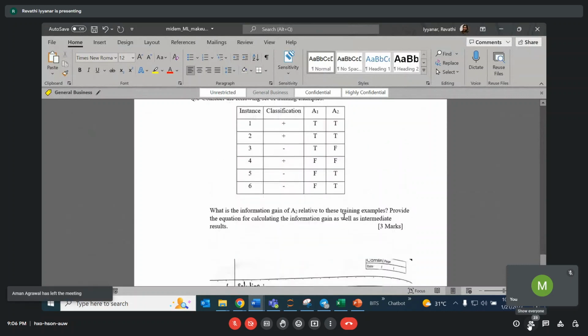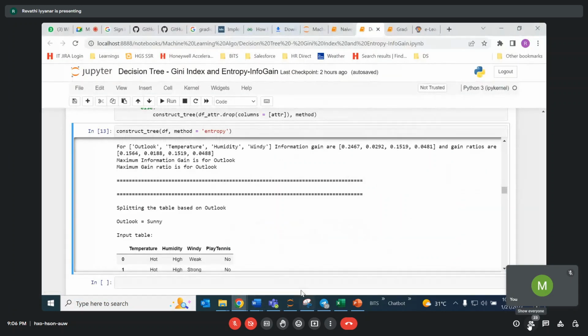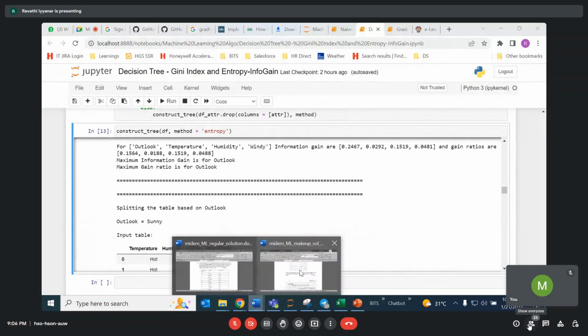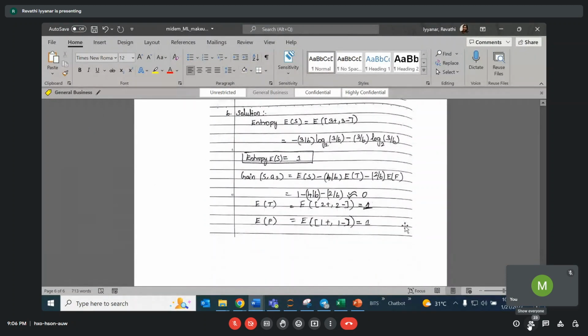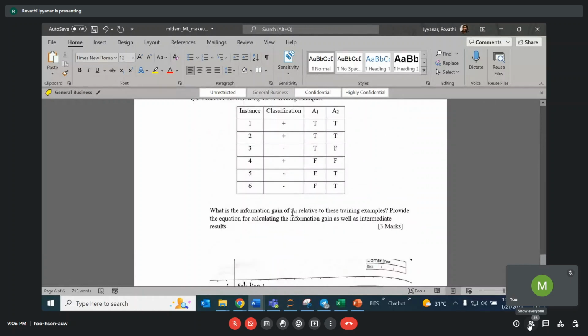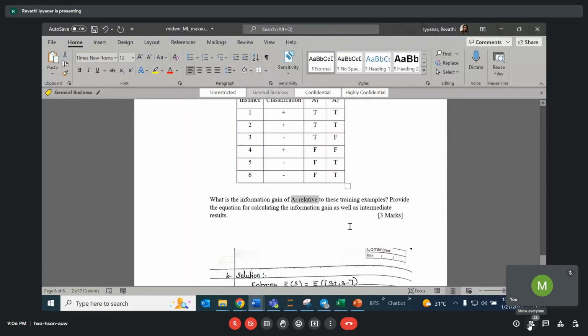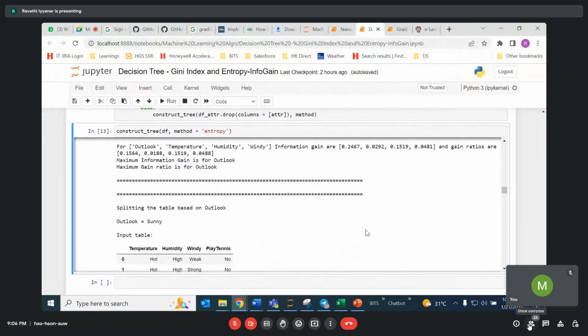Yeah, at least in this question, they asked for the information gain, not the gain ratio. To construct the tree, they will ask explicitly in the question, right? Otherwise, we need not do that.